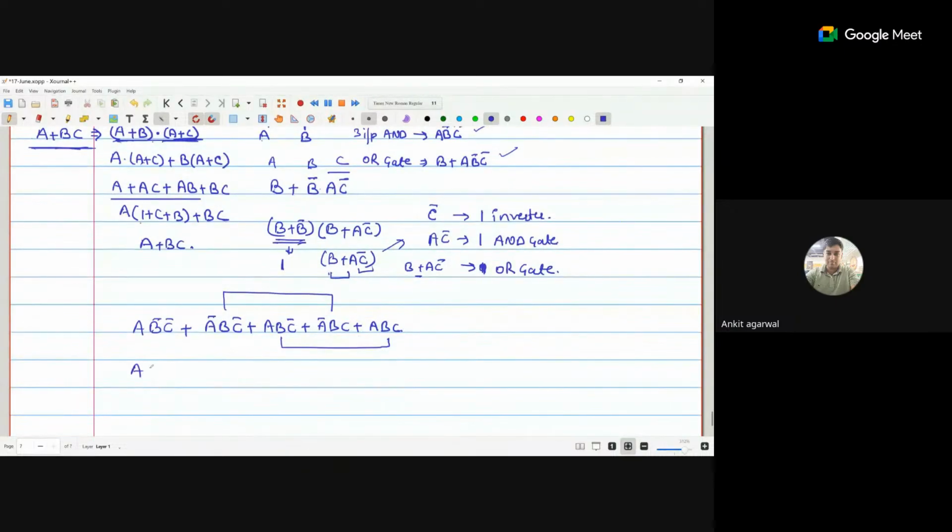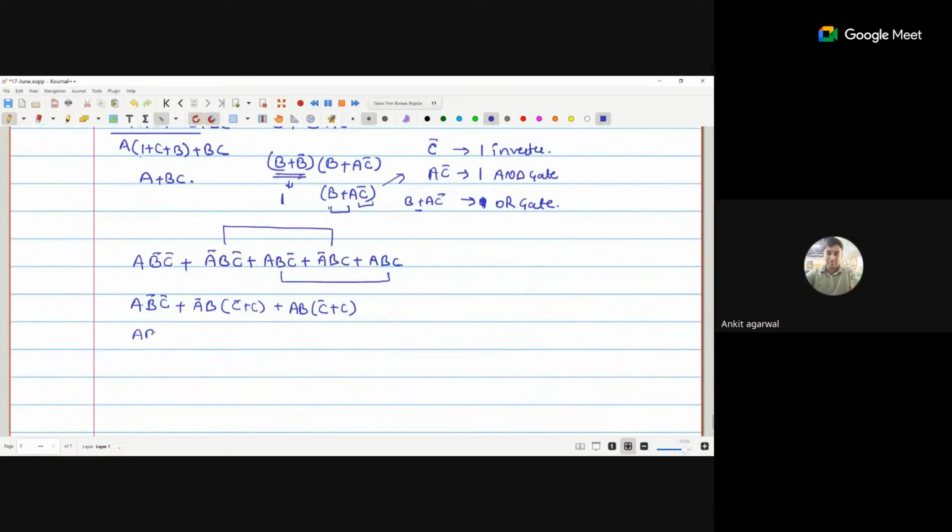So first is A, B bar, C bar as it is. In the second and fourth, if I am taking A bar, B as a common, so C bar and C. From the third and fifth, I am taking A, B as a common, so C bar plus C. So A, B bar, C bar plus A bar, B plus AB.